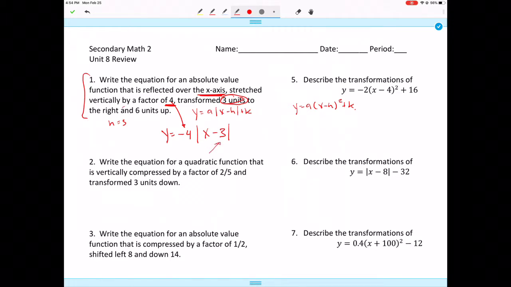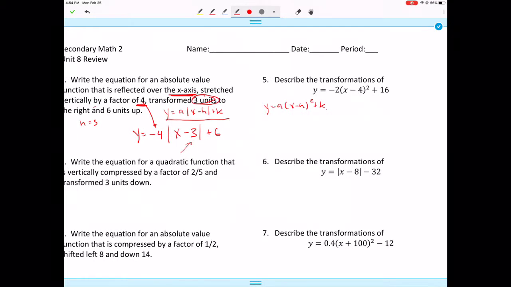When you plug it in, it's because our original equation has a negative in there already. And then 6 units up, so plus 6. So h will tell us left or right, and k will tell us up or down. That would be our equation.